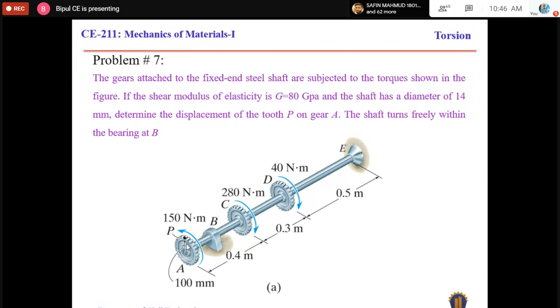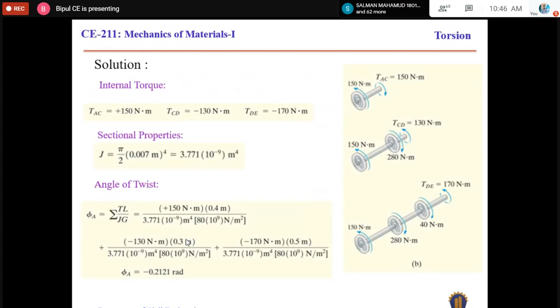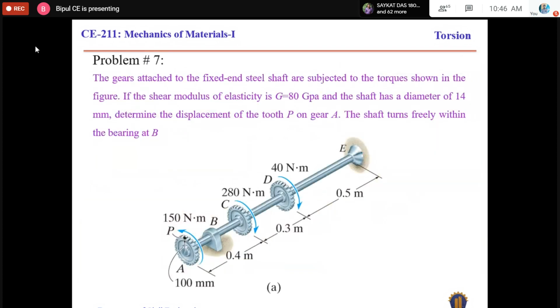This angle is constant. That means that angle is also the same here, anywhere the angle is constant. So basically we have to determine the displacement of tooth P. Okay, we have to determine the displacement of tooth P.